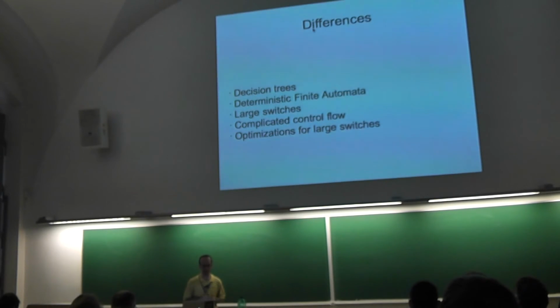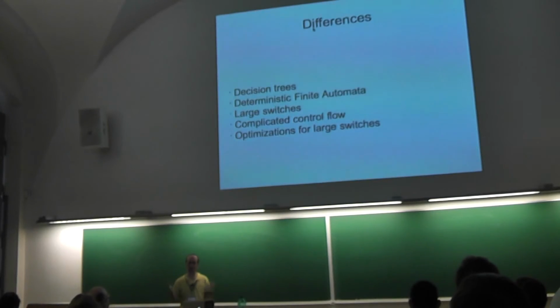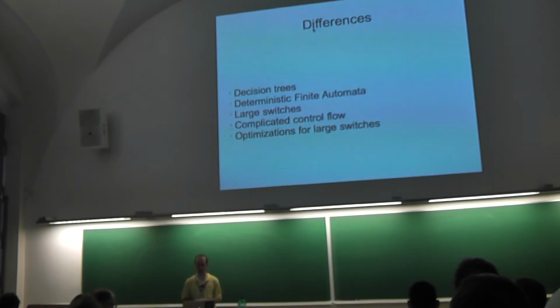So, as I mentioned, they're creating basically large decision trees, deterministic finite automaton. There are a large number of switches, basically traversing the internal states of this virtual machine that they've created.